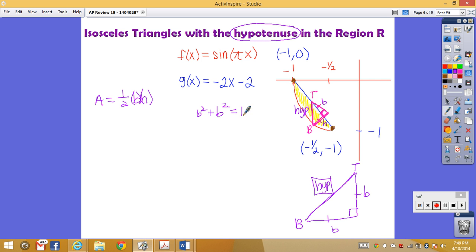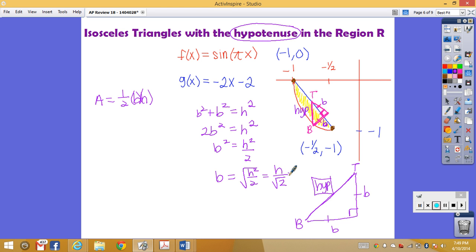And we'll call H for hypotenuse this time instead of the H for height. I shouldn't have used H for height, so I'm just going to change that for B. So you get 2b squared is equal to H squared, b squared is equal to h squared over 2, and b is equal to the square root of h squared over 2, which gives us h over root 2.